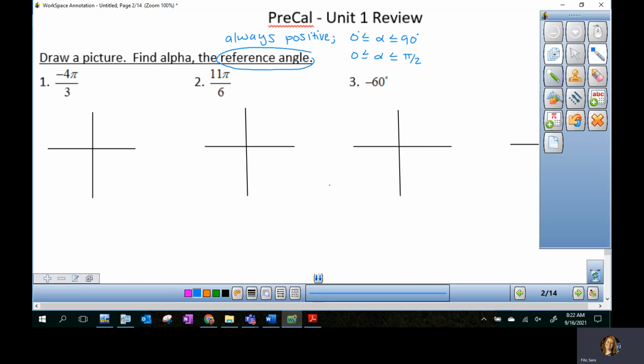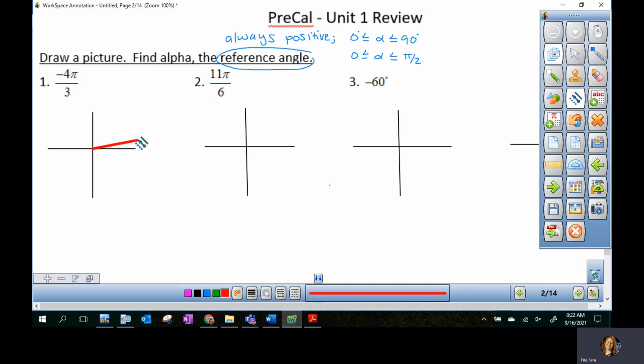The reason is, a reference angle is how far from the x-axis the terminal side is. So just think about this. If I'm on the y-axis, that's as far from the x-axis as I can get, right? And what's the angle between them? That's a 90-degree angle between the x and the y.